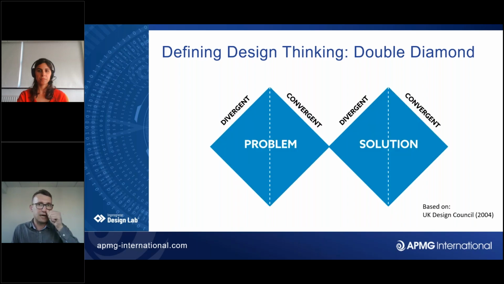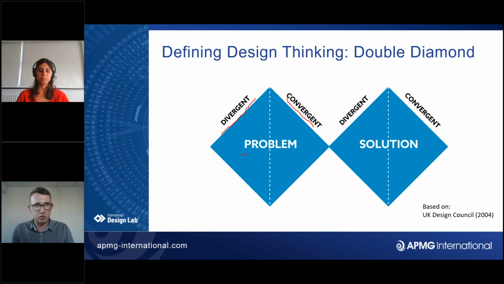One of the accurate design thinking models is the double diamond model. It was developed by the UK Design Council in 2004. It describes design thinking as alternating cycles of divergent and convergent thinking, which go through the two diamonds of that model.